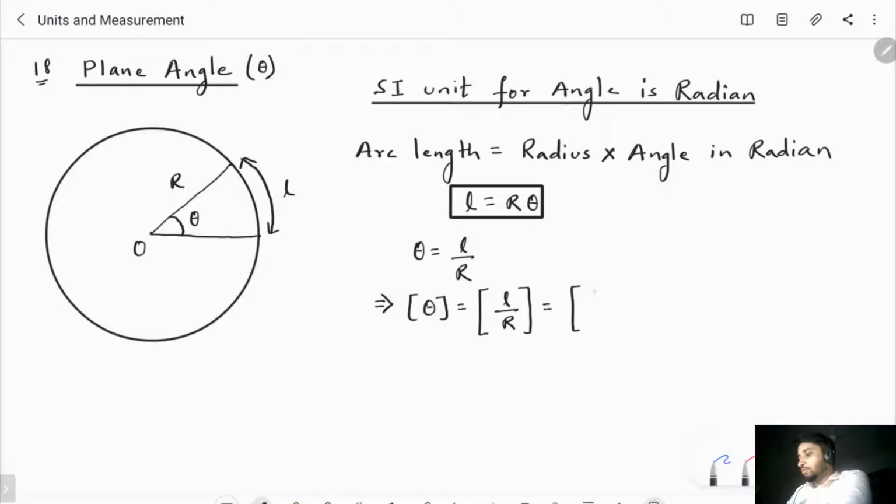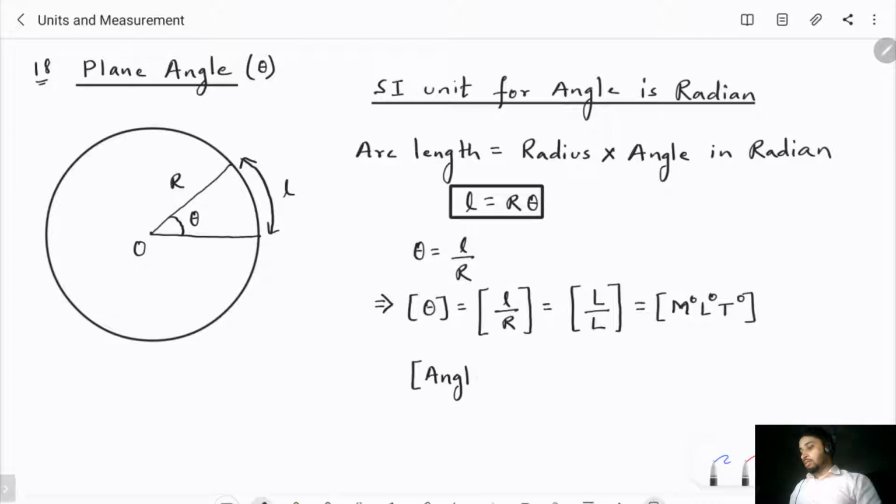Now the dimensional formula for length will be L and for radius will also be L, because both are basically length itself. So the angle comes out to be a dimensionless quantity. So you can see L and L will get cancelled. So we can write it as M to the power 0, L to the power 0, T to the power 0. It will come out as 1 only. So we need to understand that the dimensional formula for angle is nothing, means it's a dimensionless quantity.